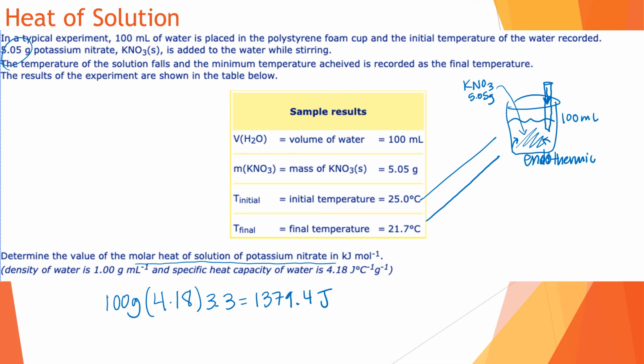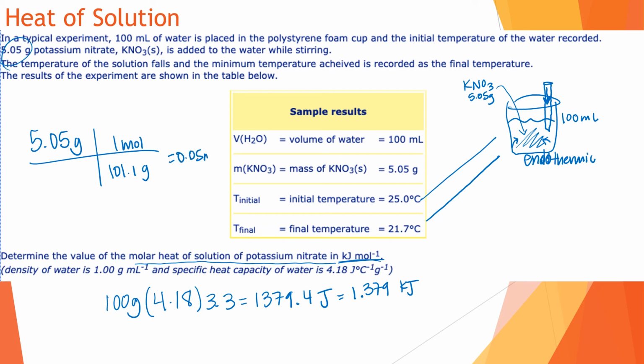Because this asks for the answer in kilojoules per mole, I'm going to change this to 1.379 kilojoules. Now that's how many kilojoules per 5.05 grams, but this wants to know how many kilojoules per mole. So I'm going to take this 5.05 grams and convert to moles by dividing by the molar mass. I get 0.05 moles.